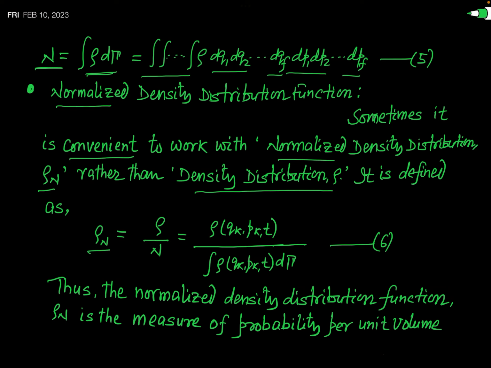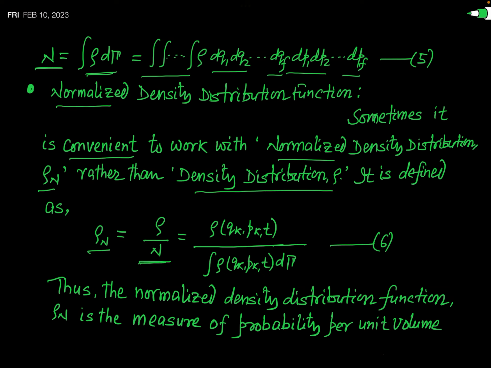Here the subscript n stands for the word normalized, and it is defined by rho divided by N. It means when you divide the density distribution function rho by the total number of phase points in the phase space, then that quantity will be called the normalized density distribution function. So rho n is defined like this.